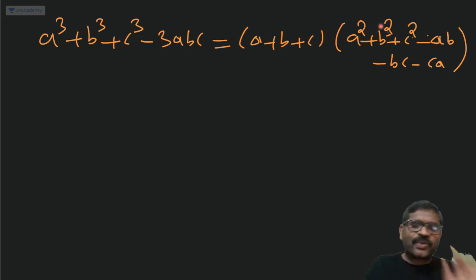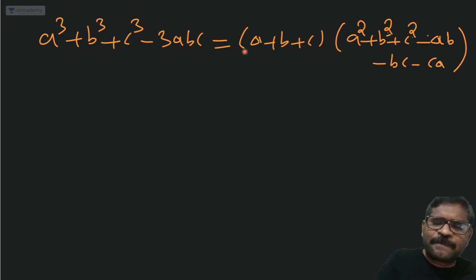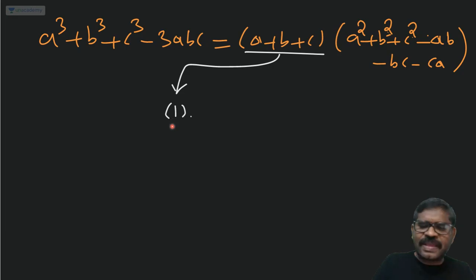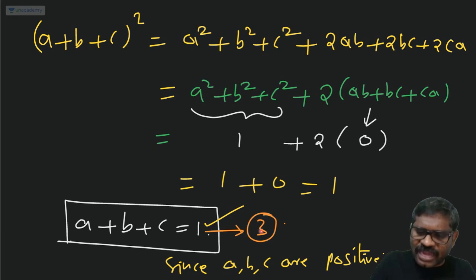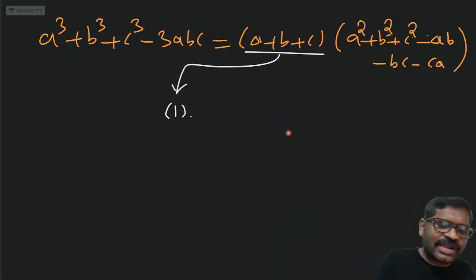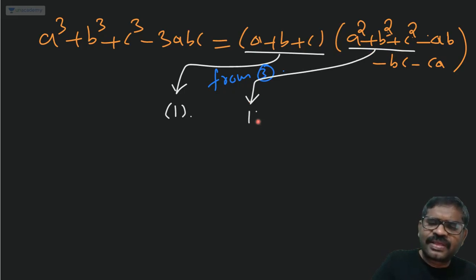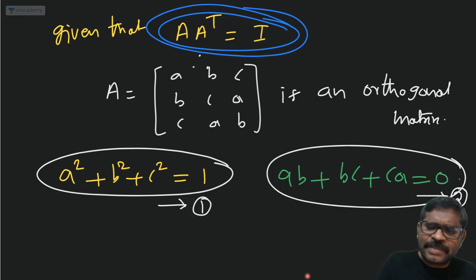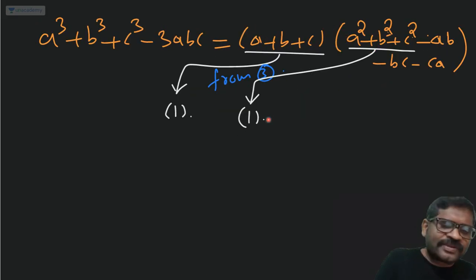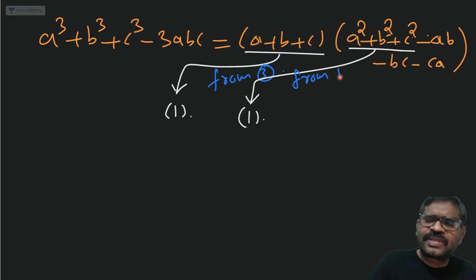Now concentrate. A plus b plus c value is 1. Not given in the data, we calculated it from equation 3. Next, a square plus b square plus c square value is 1, from equation 1. ab plus bc plus ca value is 0.